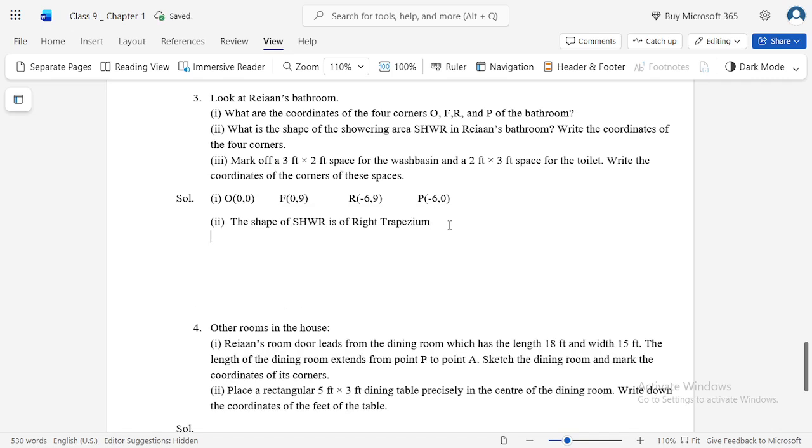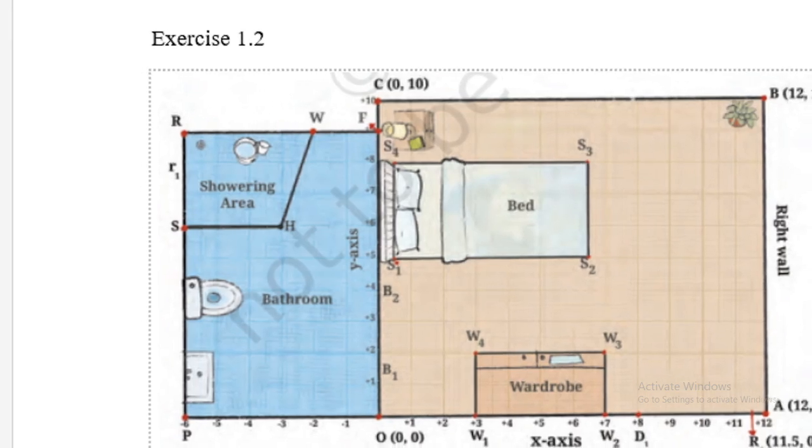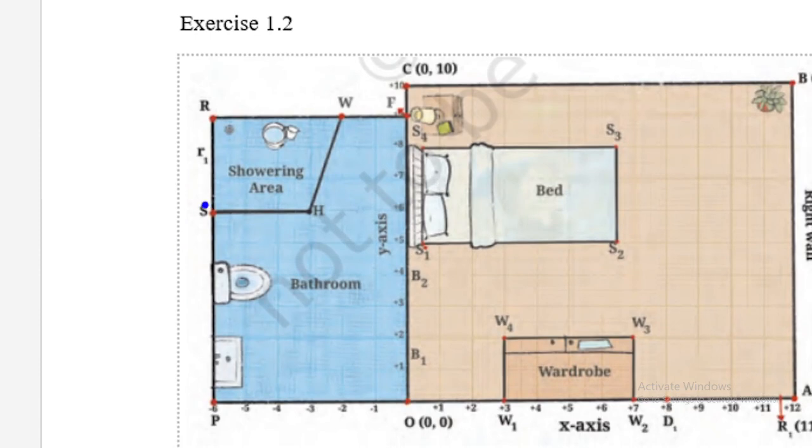Similarly, let's write the coordinates as we wrote for OFRP. So S, H, W, R. Let's see them again. S is minus 6 comma 6. Let me zoom in for you. See, this is S, which is at minus 6 comma 6. H is minus 3 comma 6.